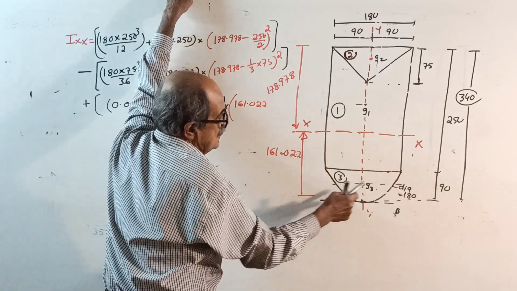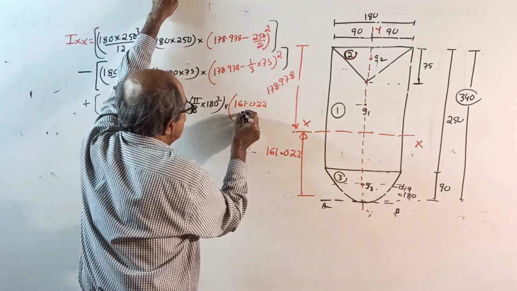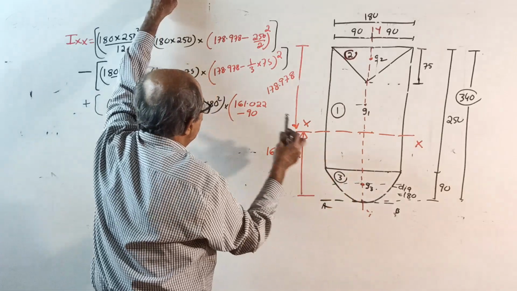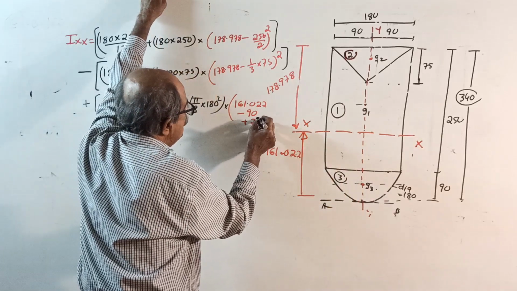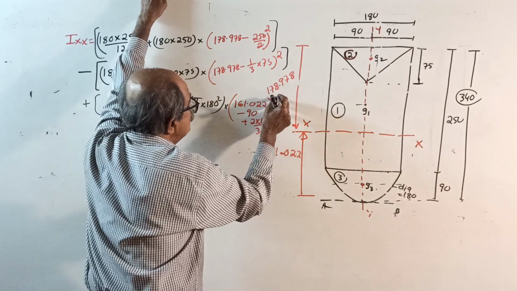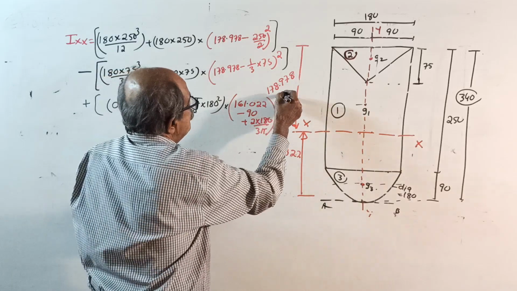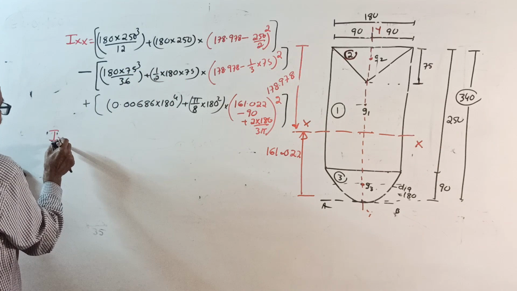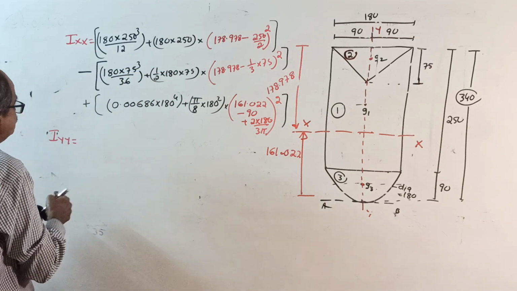From this distance, I will subtract 90 first. I will get this distance plus 2d by 3 pi, 2 into 180 divided by 3 pi, that is to be squared over. This will give Ixx, not Iyy. See, I told you, exercise question.